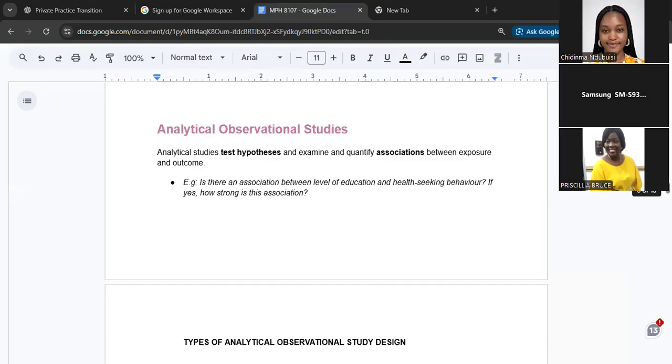So why are people not living that long in this country compared to the other? Or in a community, you see a very high prevalence of maybe cholera, maybe malaria, compared to other communities. And then we begin to ask ourselves, why is this happening?